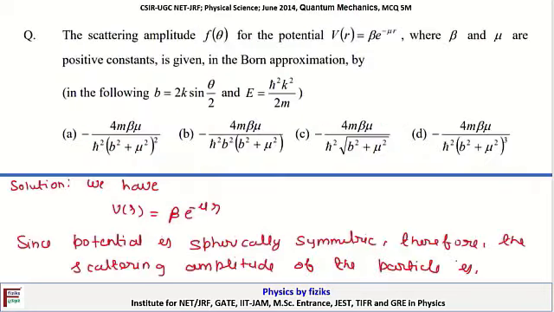So our correct answer for this question is minus 4m beta mu divided by h square, (b square plus mu square) whole square, option A.